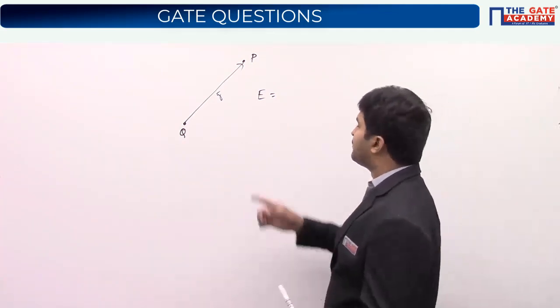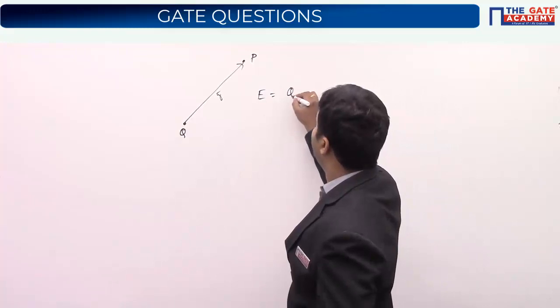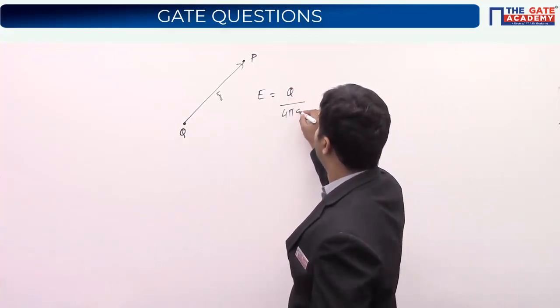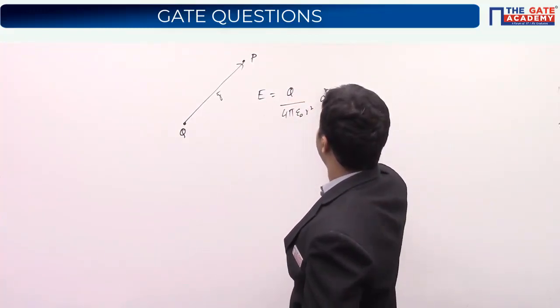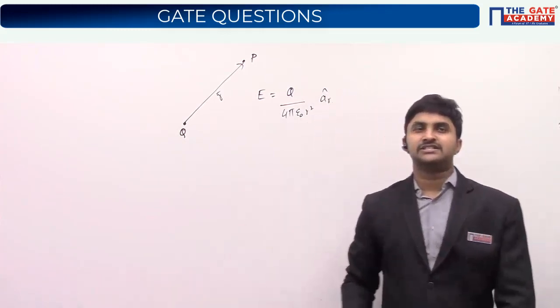So the electric field at this particular point is Q divided by 4 pi epsilon naught R square in the radial direction, correct?